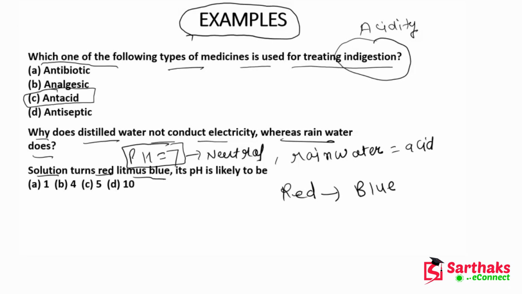And if a solution is basic in nature, then its pH should be greater than 7. So A cannot be the answer because 1 is less than 7. B also cannot be the answer. C also cannot be the answer. So the right answer is D, which is 10, and 10 is more than 7.